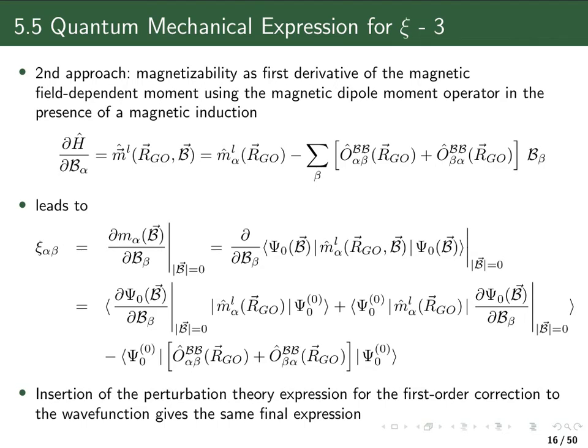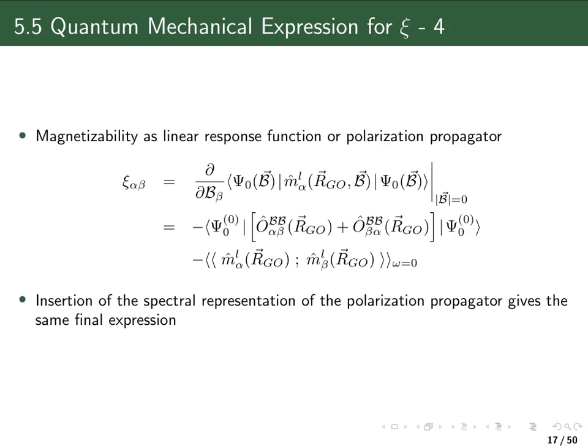In the first approach, we could use our perturbation theory expressions for field-dependent wave functions, where, because we evaluate the derivative at zero field strength, we just have to look at the first order correction to the wave function. Inserting those expressions for the first order correction will lead us back to the sum over states.